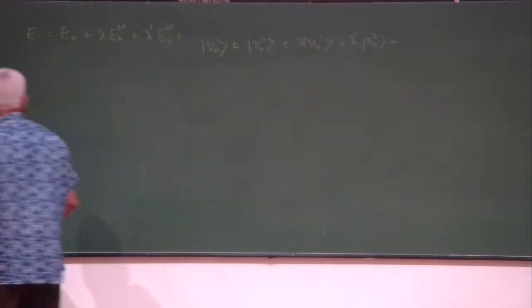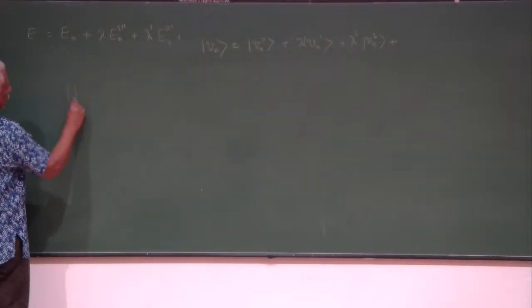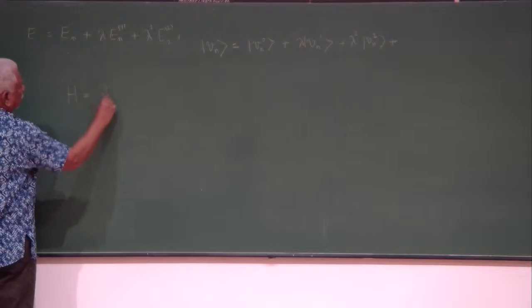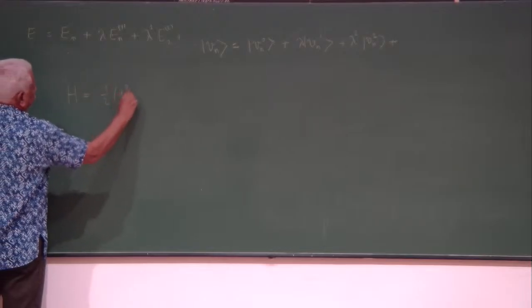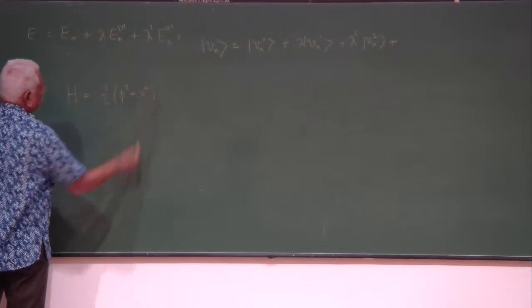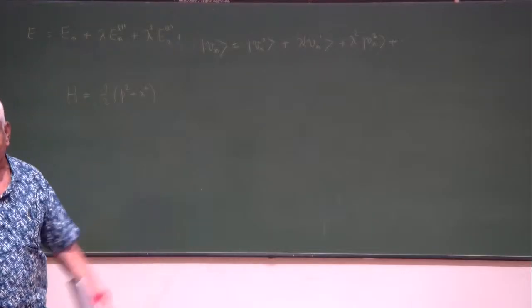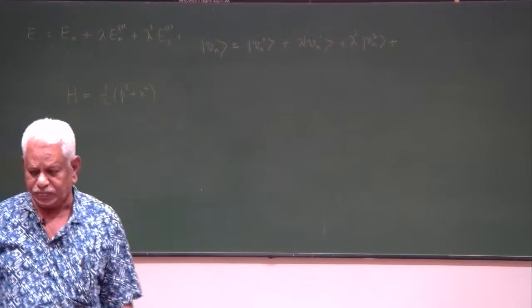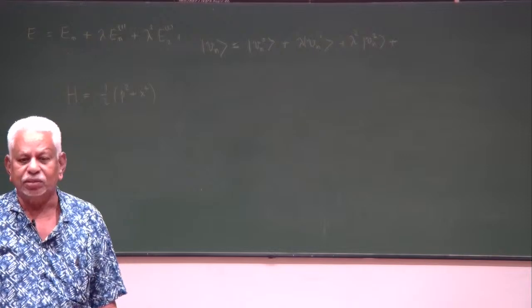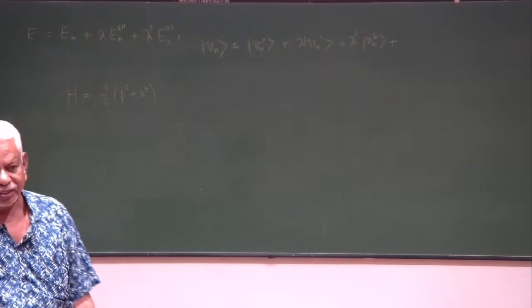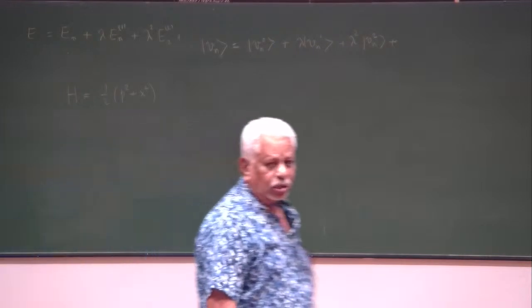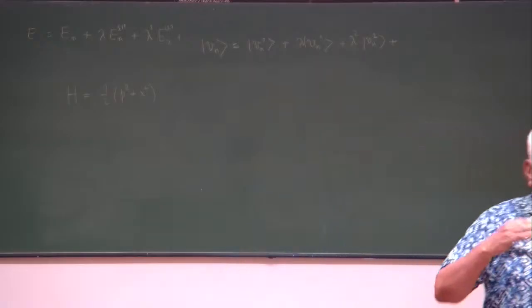The first simple example is, I want you to solve half p square plus x square. Can you solve this? Because you have done that so many times, harmonic oscillator, right? So I am going to perturb that, I am going to add an extra term.